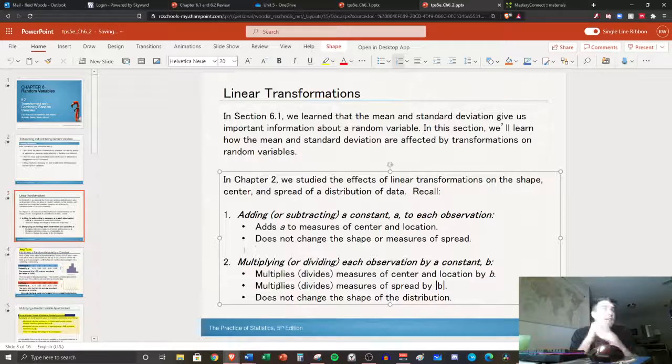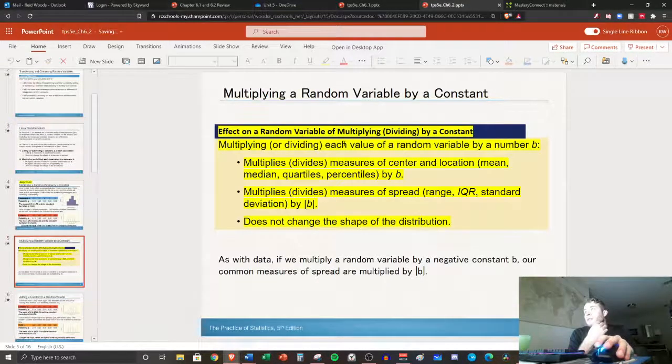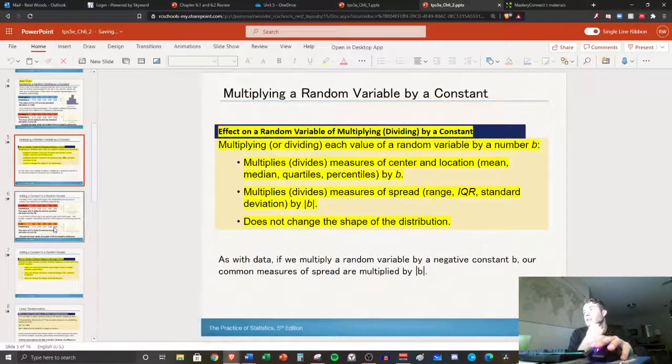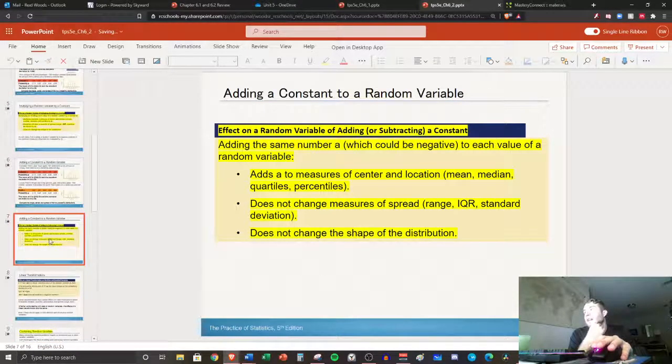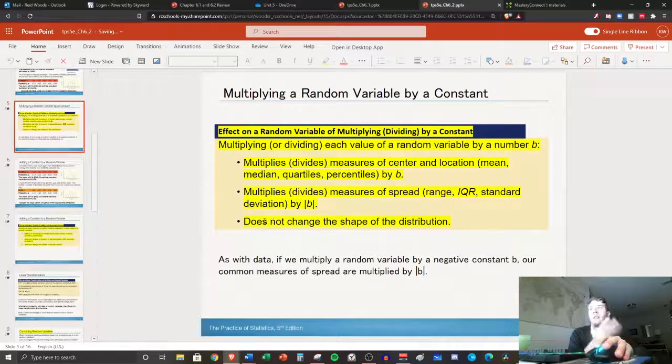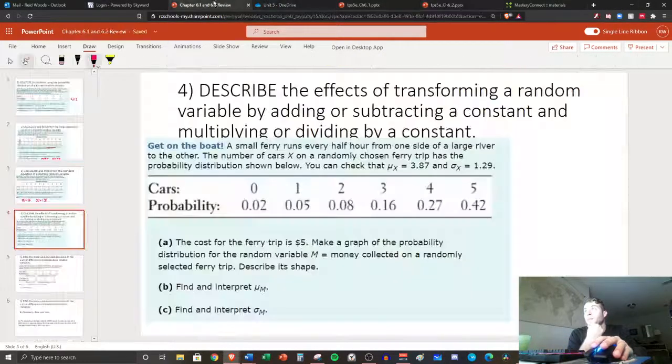Okay, and that was one of the last worksheets that you guys had before we went on break. So that's the idea, remembering these rules of what changes when you multiply and what changes when you add or subtract, right? Okay, you're adding to the mean only when we do a linear transformation of addition or subtraction, and then multiplying it changes everything.